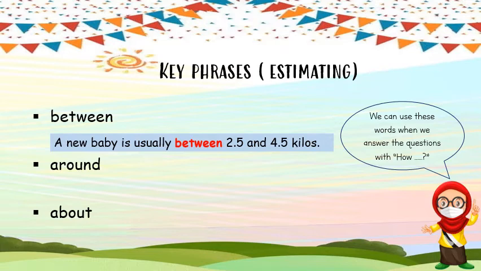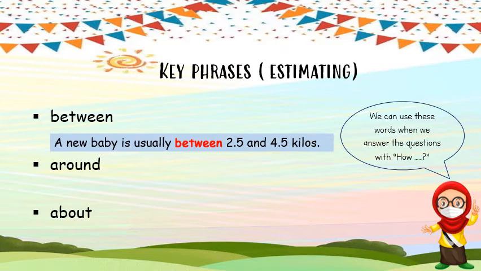Some are around 2.5 kilos, some are slightly heavier, 4 kilos. Bukan semua lahir keluar satu berat yang sama. Because there is no exact answer, tak ada satu jawapan yang tetap, we can use between, di antara.